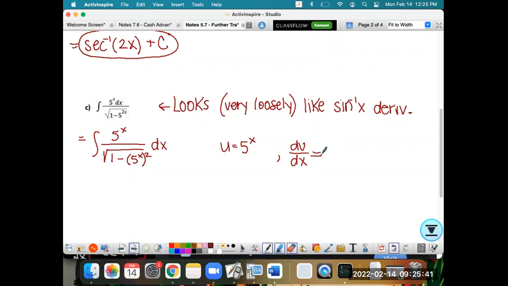It should be ln of 5 times 5 to the power of x. Or you can put the ln of 5 after. Doesn't matter to me. Now, because I do actually have the 5 to the x in my integrand, I'm going to leave the 5 to the x on the right side, but I'm going to divide the ln of 5 to the left side with the du.